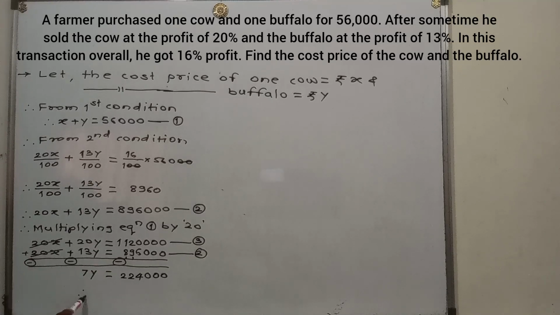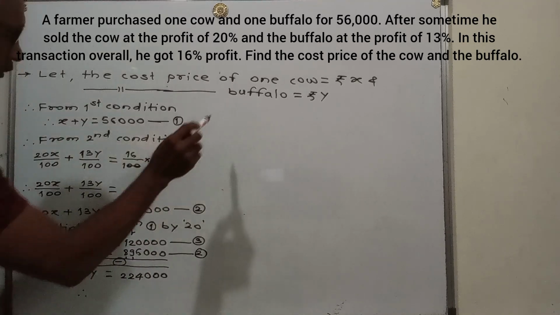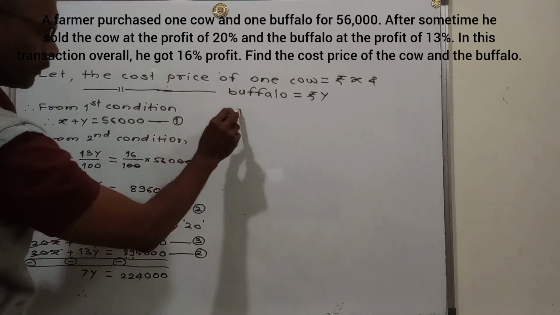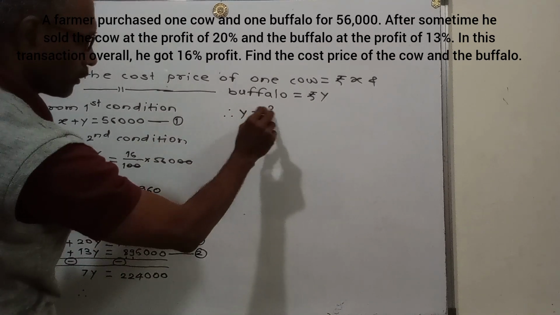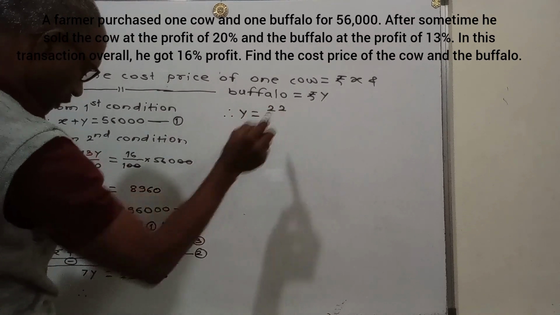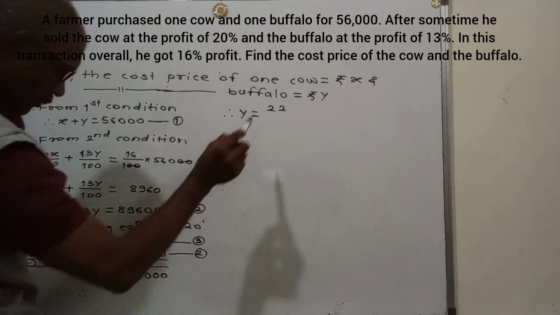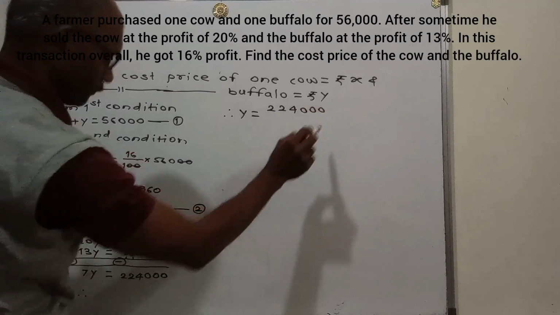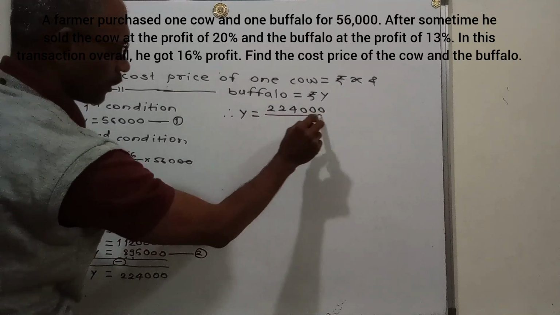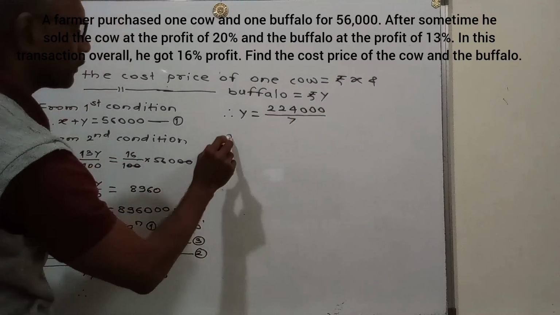Therefore, I will write here, therefore y is equal to 2,24,000 upon 7.